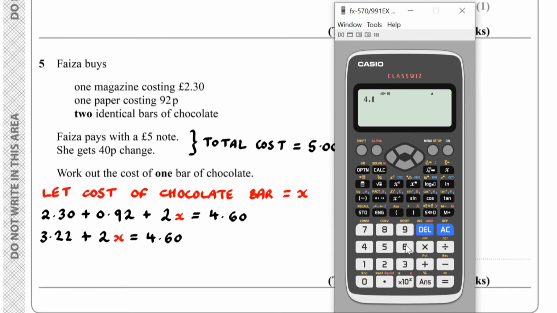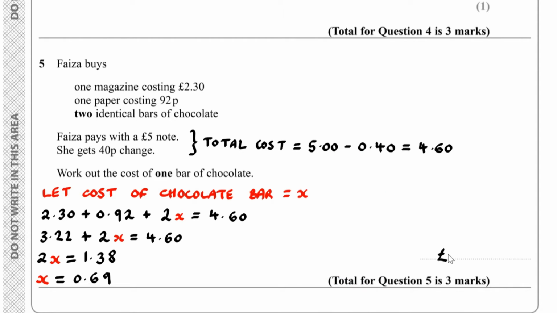And if I do £4.60, subtract this, I get £1.38. So that means 2 times by x is equal to £1.38. And if I divide this by 2 to find out the cost of one chocolate bar, it turns out x is equal to 69p. So we get 69 pence.